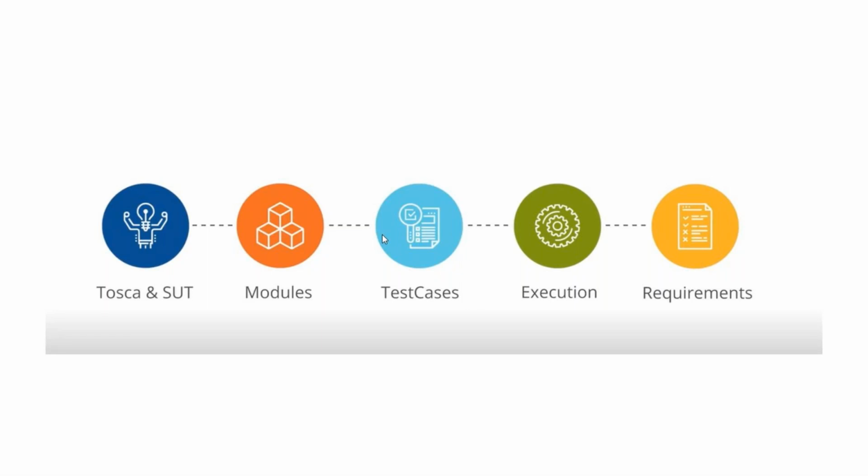So this is a basic thing that we need. First is Tosca and a system under test. The system under test is nothing but the application which we are trying to automate using Tosca. Once we install Tosca, we create modules, we create test cases, then we do executions, and based on the executions we map them to the requirements.